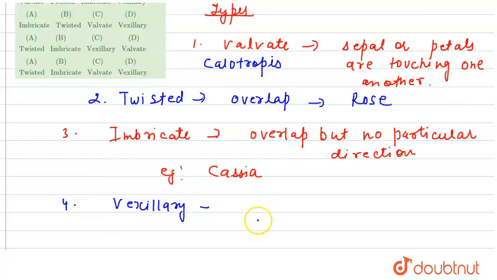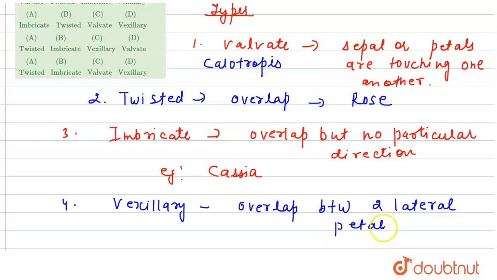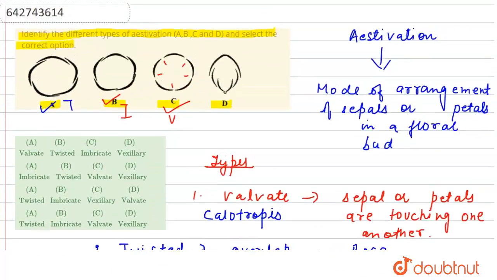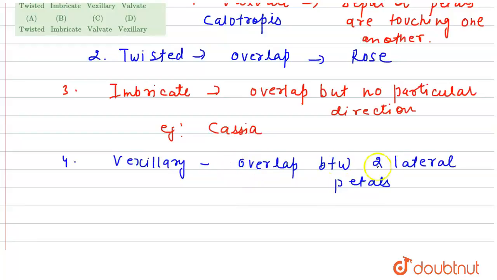In vexillary, there is an overlap between the two lateral petals first, and then again there is an overlap with the smallest petals.